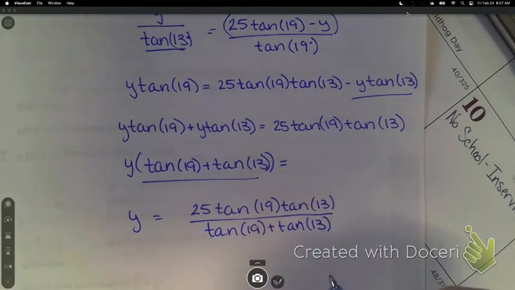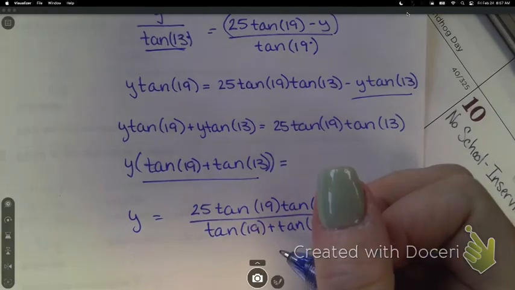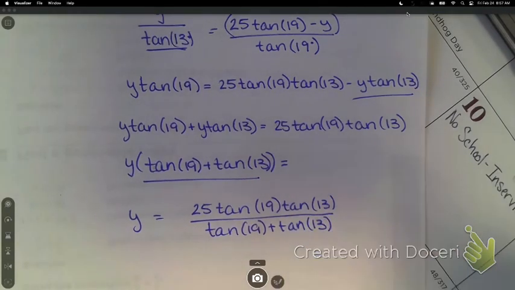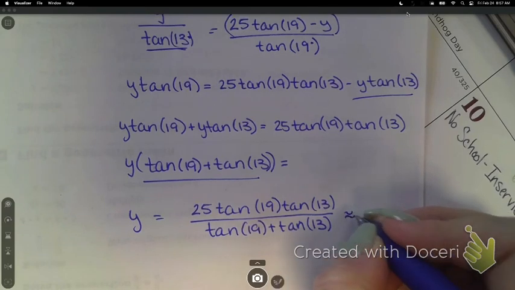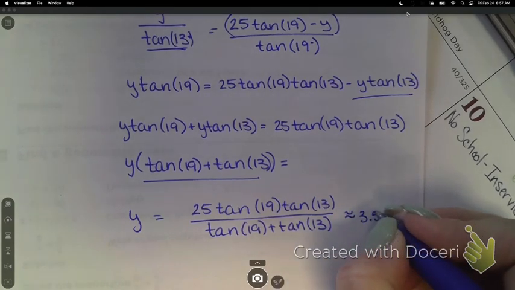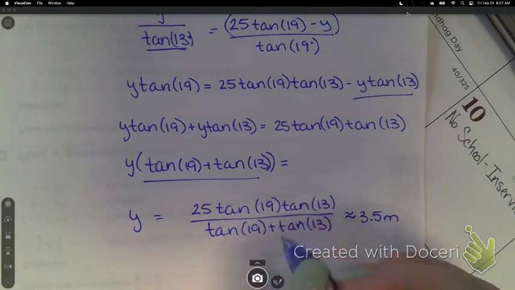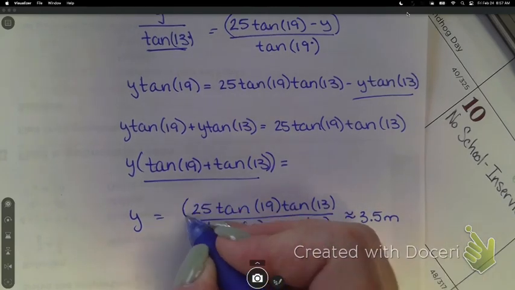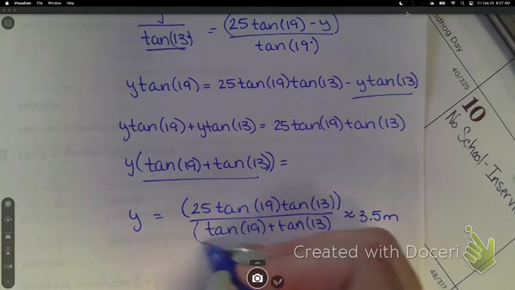And when I put that all in my calculator, I get approximately 3.5 miles. Make sure when you put this in your calculator, though, you put parentheses around the numerator and the denominator.